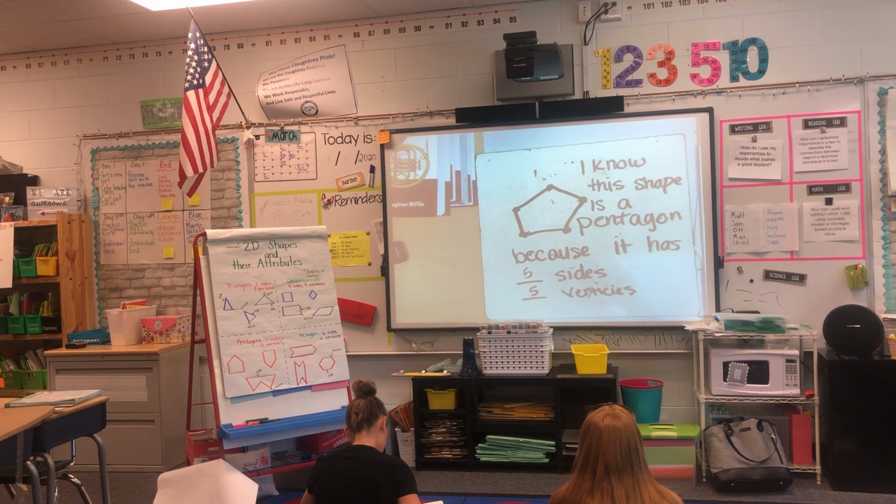So because it has 5 sides, 5 vertices, I know this shape is a pentagon. So in this lesson, we are able to explain and defend why my shape is what shape it is, okay?